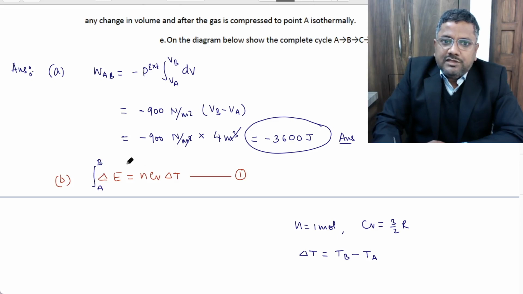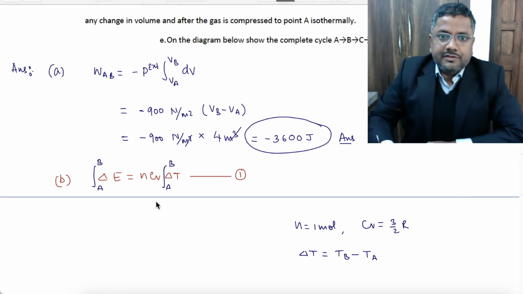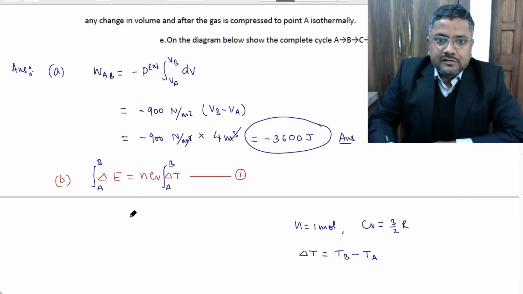So we can write here, A to B, right? This is equal to nCv (TB minus TA).